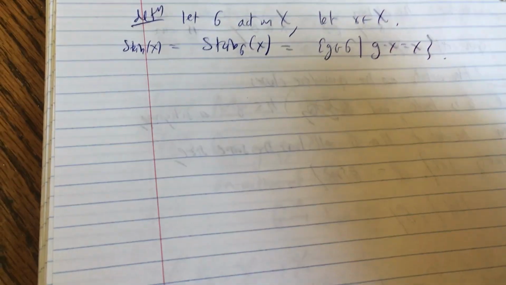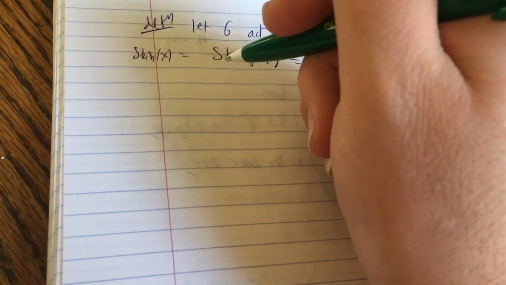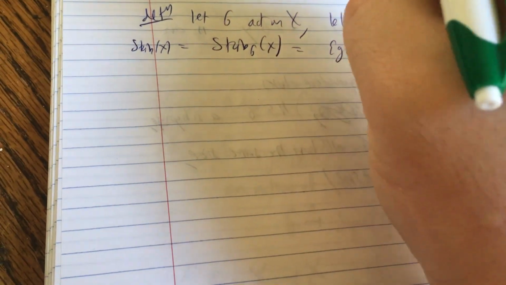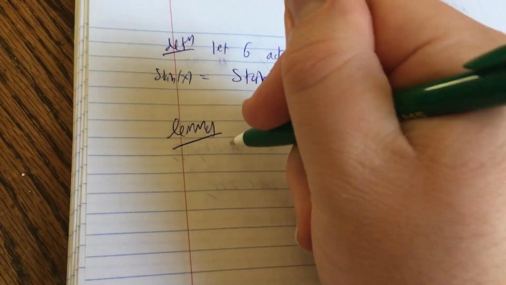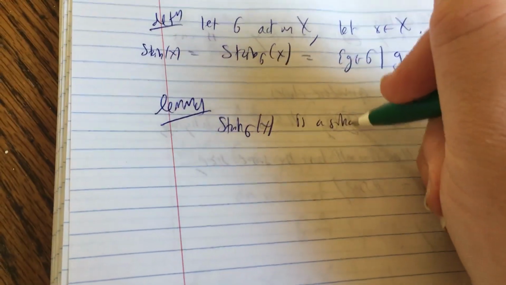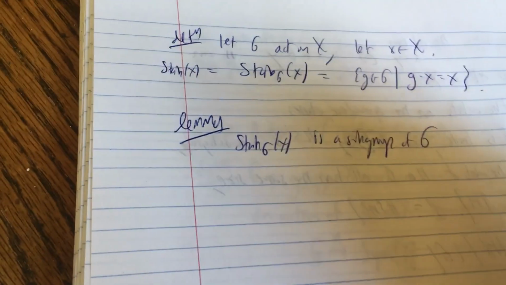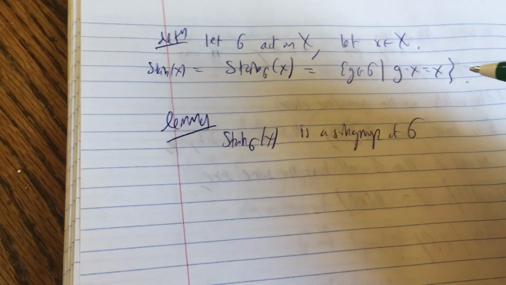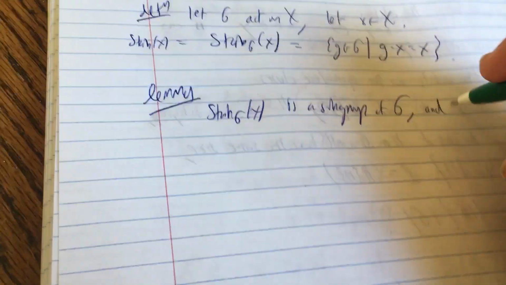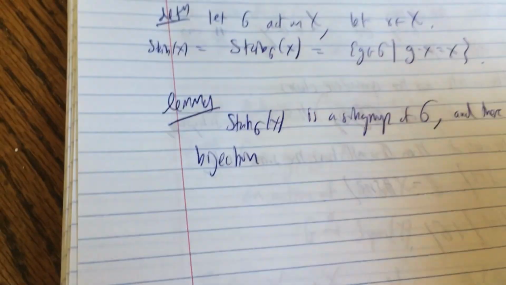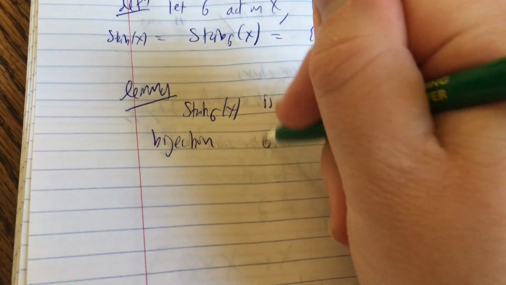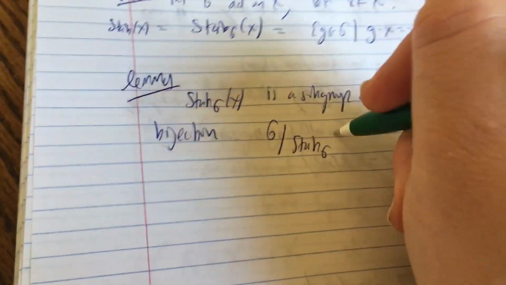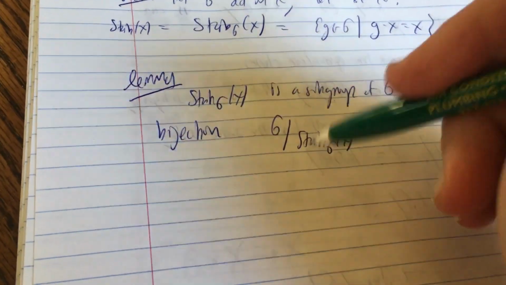Okay, and this is a subgroup. So Stab_G x is a subgroup. So in fact, lemma: Stab_G x is a subgroup, and there's a bijection. On the one hand, I take G mod Stab_G x.